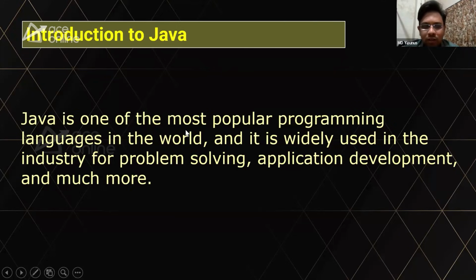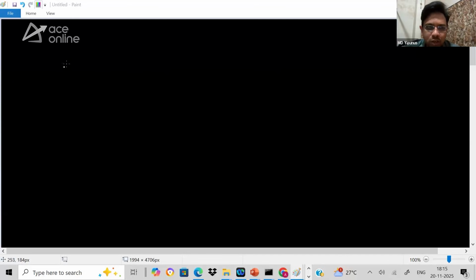So let us have a little comparison between the C language, Java language and other languages. If you look at the different languages, you have the C programming language, the Python programming language, and the Java programming language. Let's have a quick comparison between these.